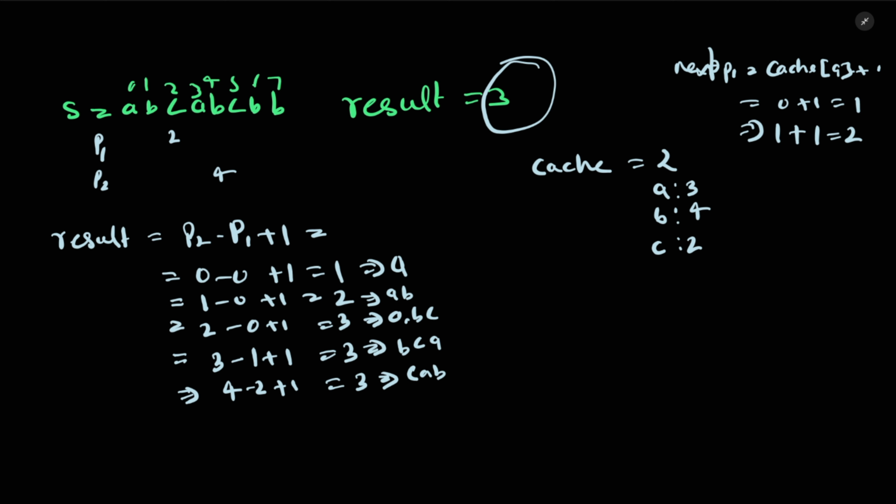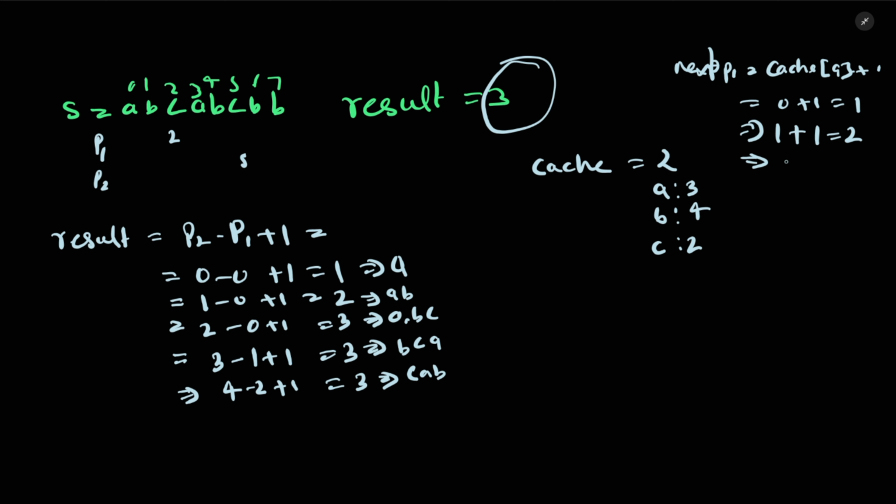And next, let's move to the next character c here. And in case of c, it was 4, so yeah, this index will be 5. So c we have already seen here in the cache. So whenever we find it in the cache, we calculate the next position of the p1.